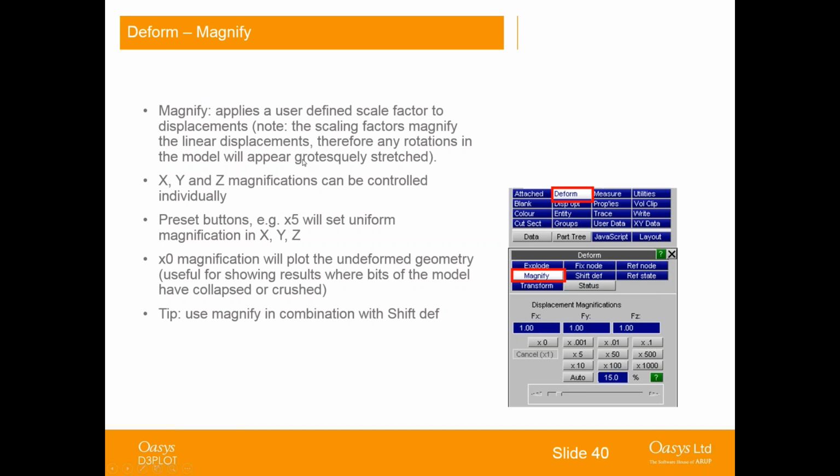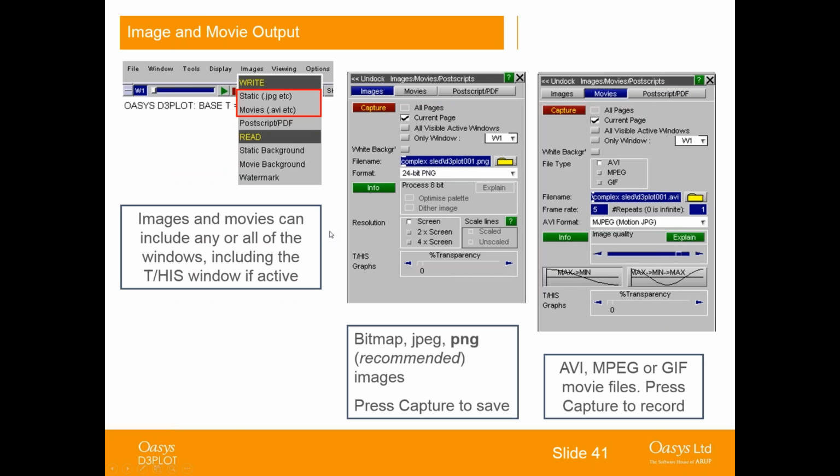Within the magnify menu, we have full control over the global X, Y, and Z magnifications, or we can hit some of these default buttons. So if we hit ×5, for example, that will set 5 times magnification in X, Y, and Z.